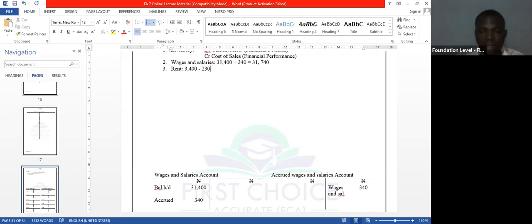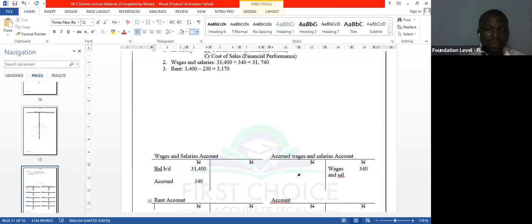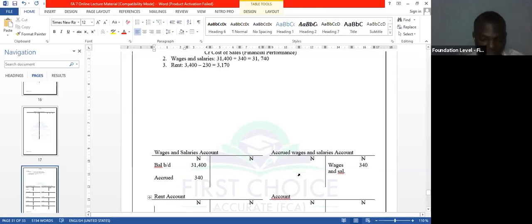So for us to now record it, first we call it under our format. We click on this and put our rent there. So we have our rent account, which is an expense. We have the balance to be 3,400. Now, 3,400, but we have not used part of it.